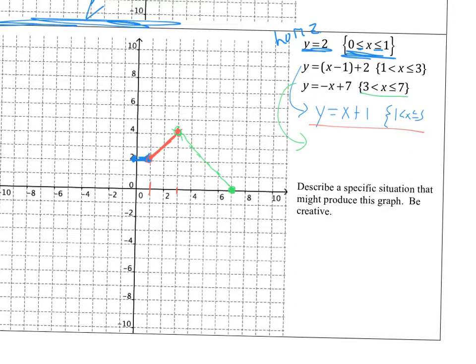Then I'm going to move on to the next part, which is to describe a specific situation that could produce this graph. This looks like something starting, then going up a little bit, then going all the way down to 0. So I've got a dog pool, and the dog pool starts at 2 feet deep. After 1 minute, I add more water.